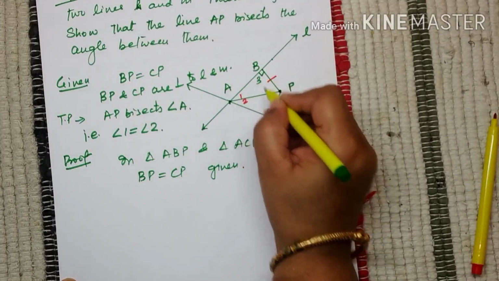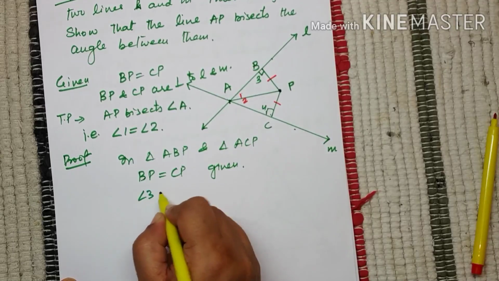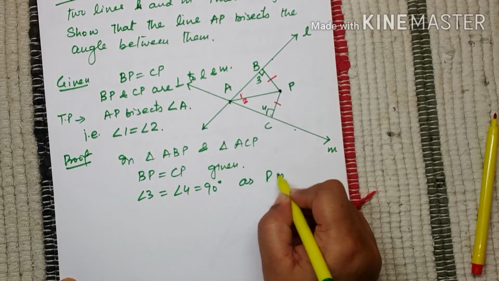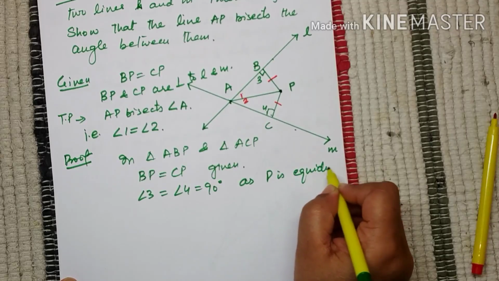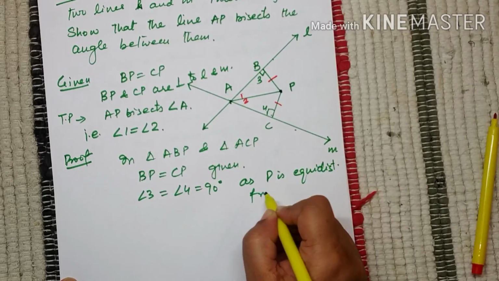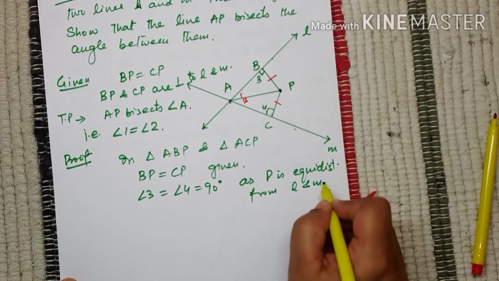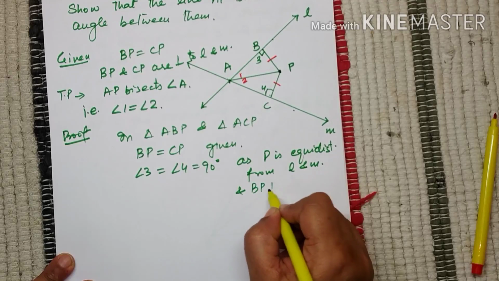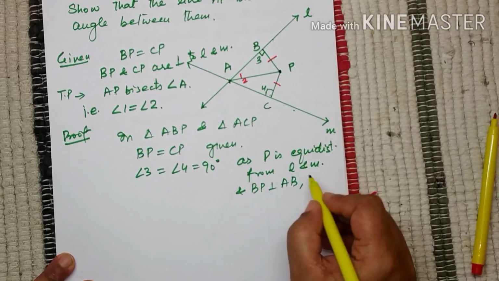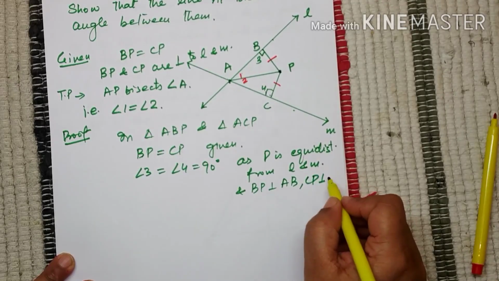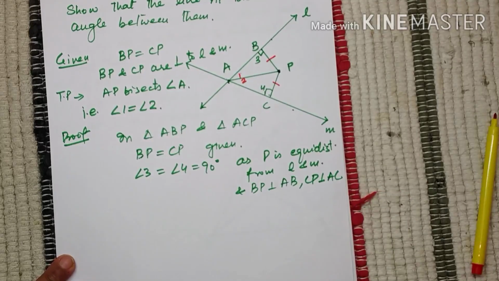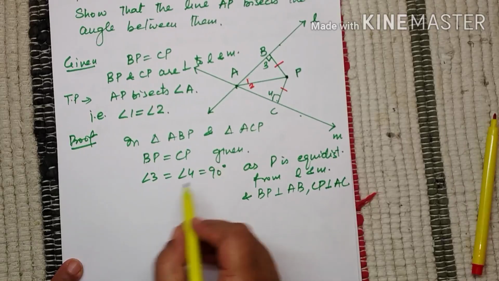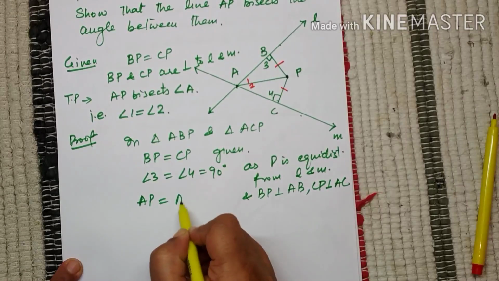Let's call these angle 3 and 4. Angle 3 is equal to angle 4 equal to 90, as P is equidistant from L and M, and this BP is perpendicular to AB, and we have CP perpendicular to AC. As distance is always the perpendicular distance, and AP is equal to AP common.